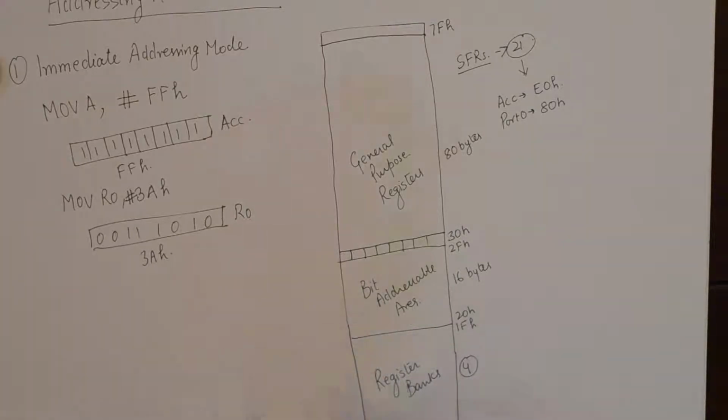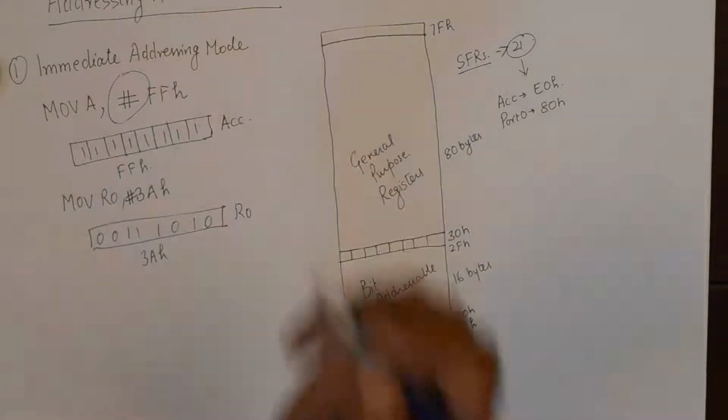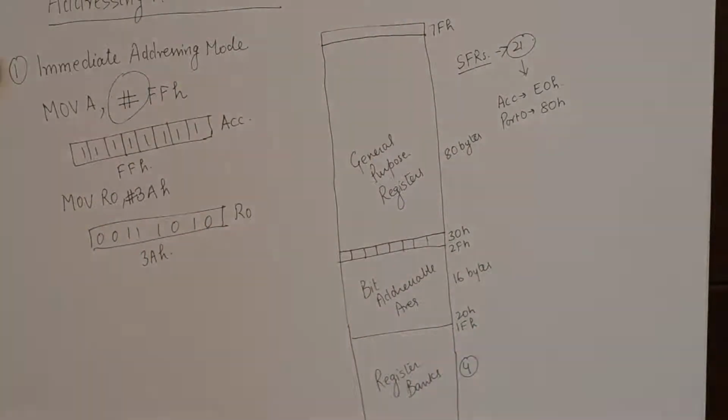So immediate addressing mode is specified by the hash sign, and any immediate data that you would want to move is written next to the hash sign.